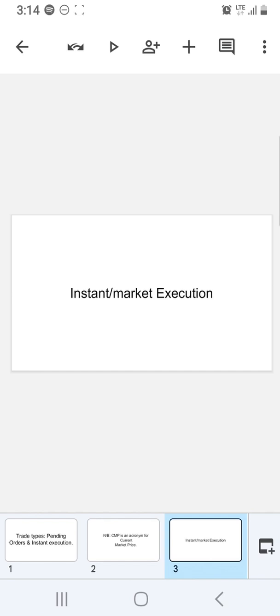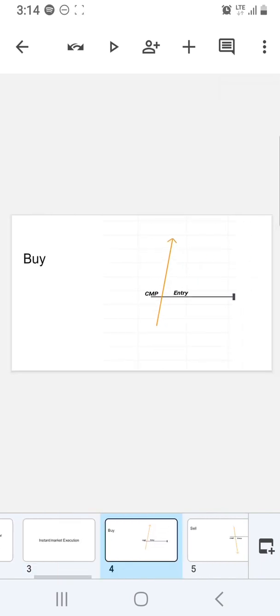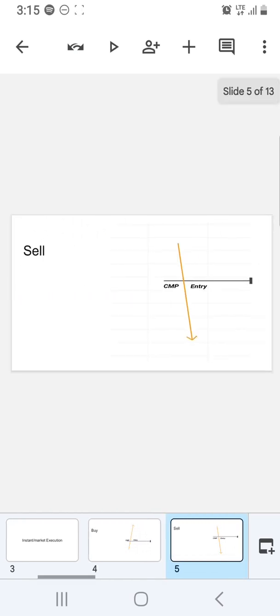Instant execution is further divided into two. We have when you're buying. Buying simply means you're entering a trade with the expectation that the market is going to go higher from the current moving price, and so you enter now, hoping it's going to go up.